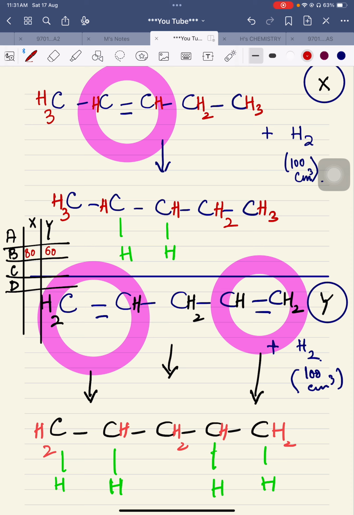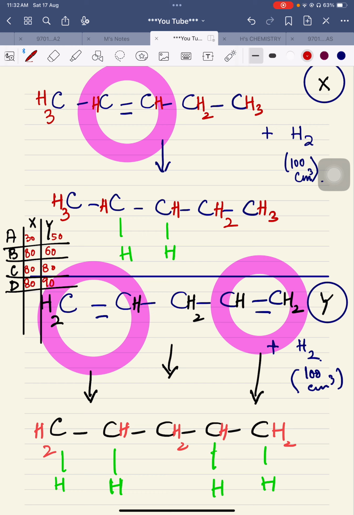In A, X releases 30 cm³, whereas Y releases 50 cm³. C says both release 80 cm³, and D says one releases 80 cm³ and the other, let's say, 90 cm³.